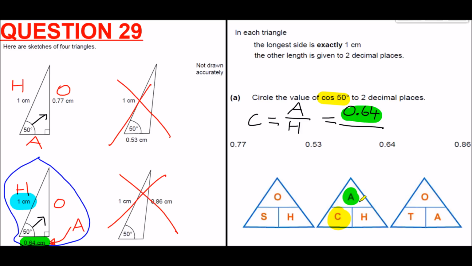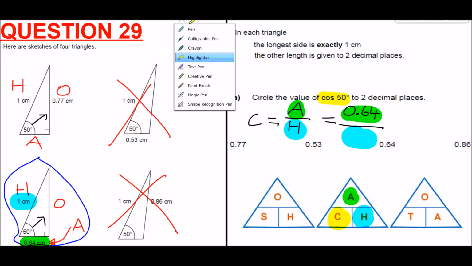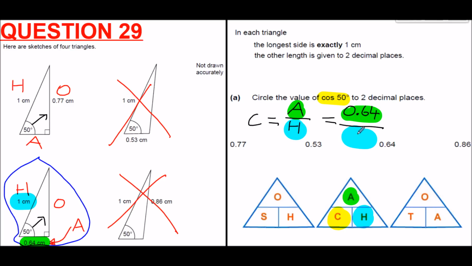So 1 is the hypotenuse. I might as well colour that in green because I like just colouring in things. Never really grew up. Anyway, enough of my problems.